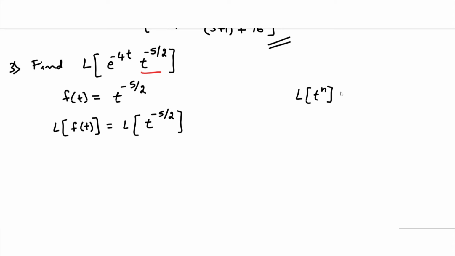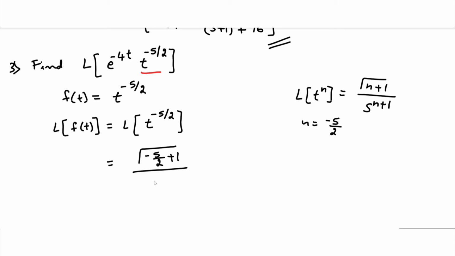Laplace transform of t power of n, whenever the value of n is not an integer, we have the formula as gamma of n plus 1 divided by s power of n plus 1. So I will be using this formula. Here the value of n for this problem is minus 5 by 2. So therefore it becomes gamma of minus 5 by 2 plus 1 whole divided by s power of minus 5 by 2 plus 1.